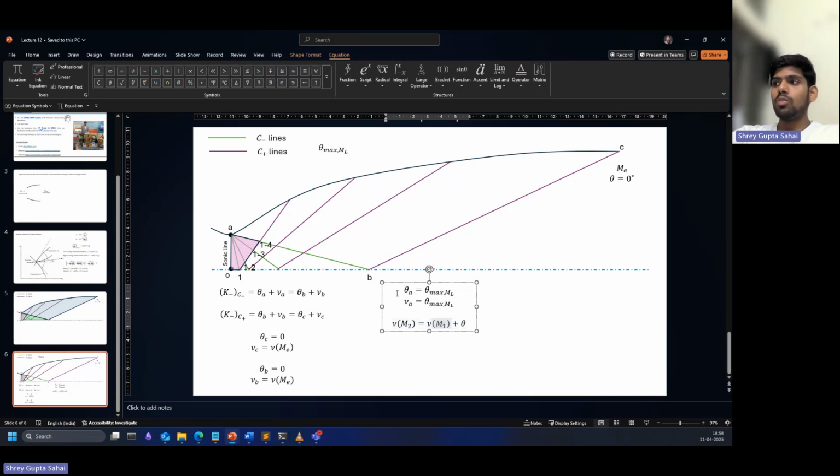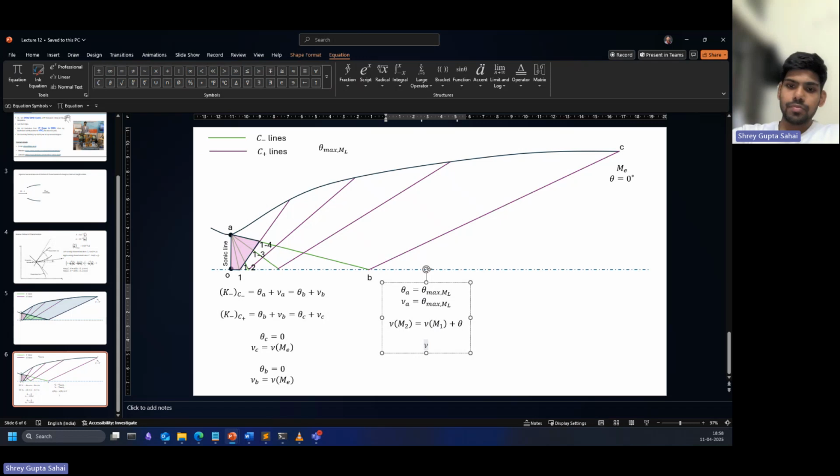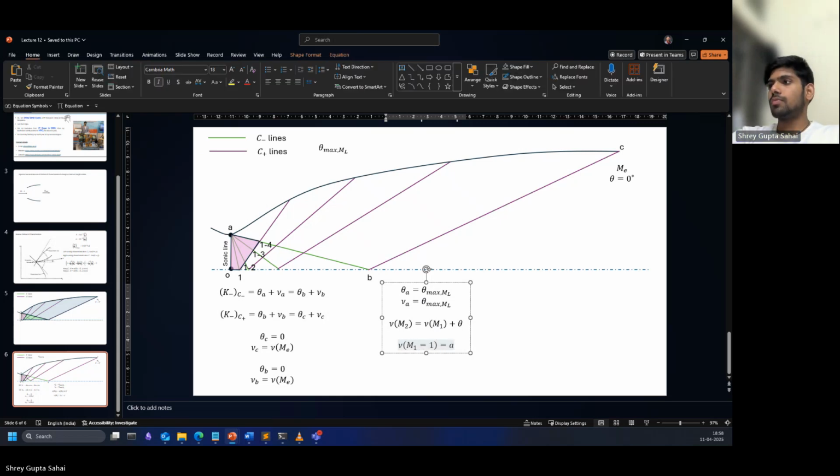Now nu m1 is 0, so nu a is equal to theta max from this, because M equals M1 equals 1, so nu equals 0, and this nu m2 is actually nu a.